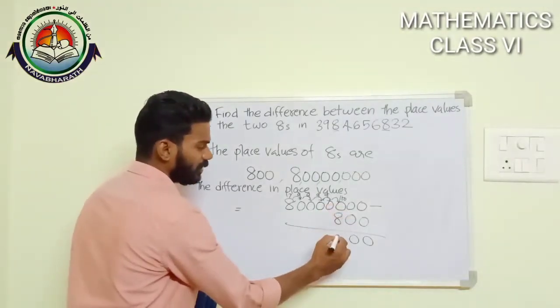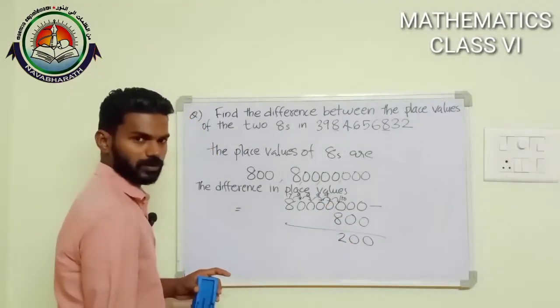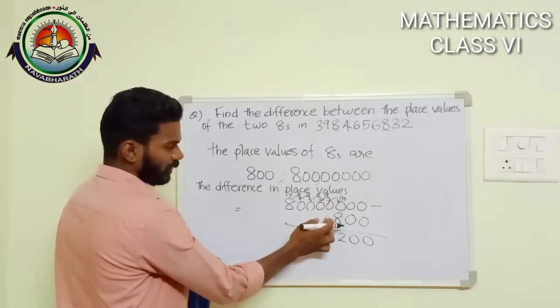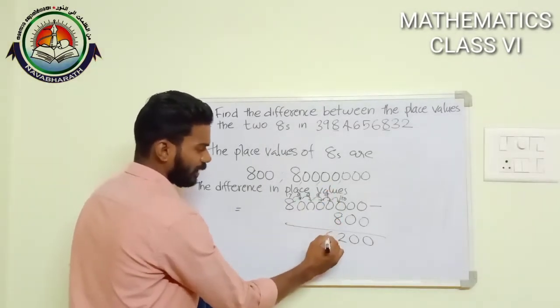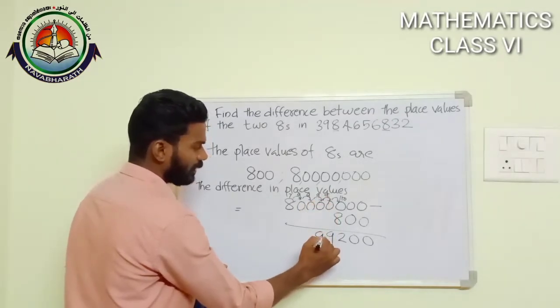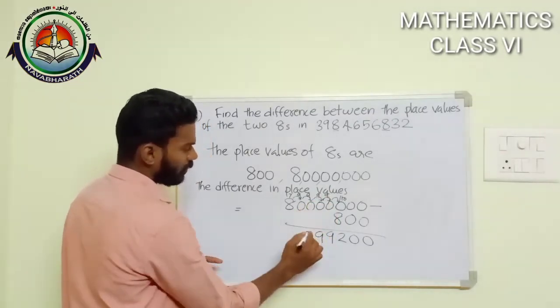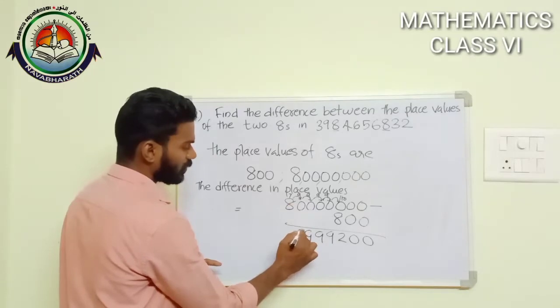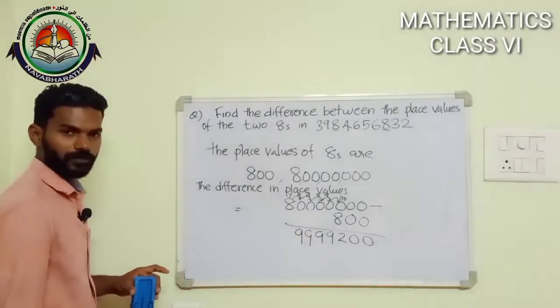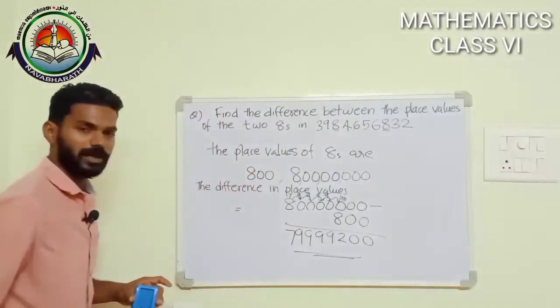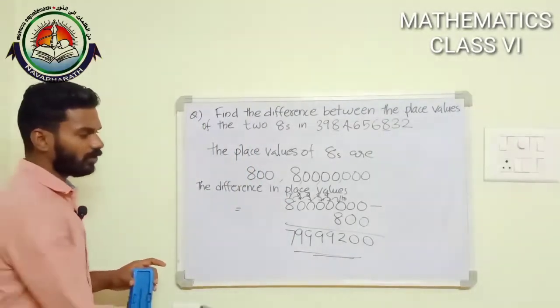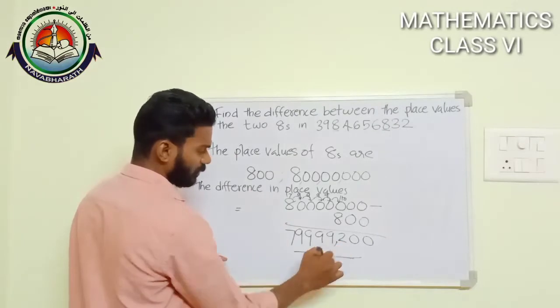Now we can subtract easily. 10 minus 8 would be 2. Now, there are no numbers to subtract, so drop that number, 9 itself. Here also 9 itself. Here also 9 itself. Here also 9 itself. And here 7. So, this would be the answer. How can you read this number?